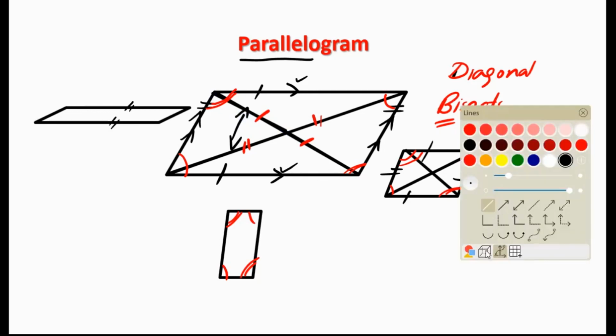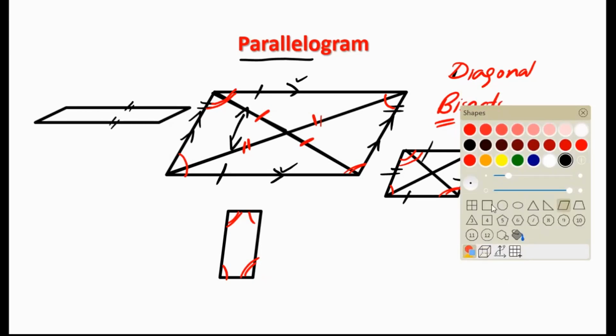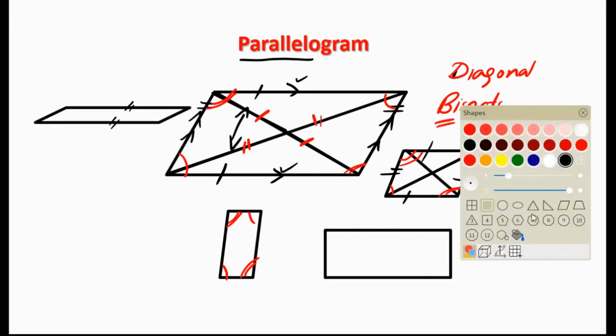Suppose you are thinking about a rectangle, there also opposite sides are parallel, opposite sides are congruent, opposite angles are also congruent. All angles are right angles here, but opposite ones are congruent. And here also diagonals bisect each other. That means a rectangle is also a parallelogram. You should keep it in mind.